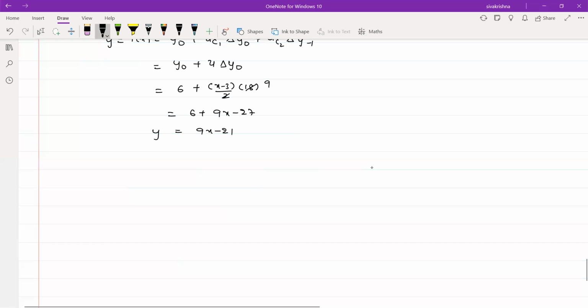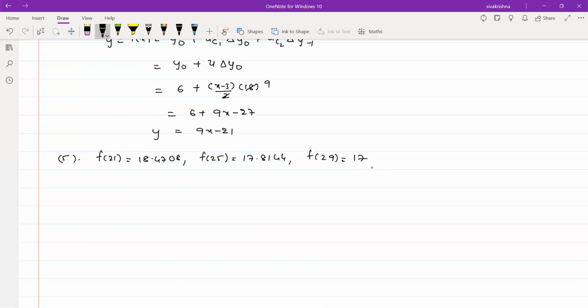So I am giving you a problem to solve. f of 21 is equal to 18.4708, f of 25 is equal to 17.8144, f of 29 is equal to 17.1070, f of 33 is equal to 16.3450, and f of 37 is equal to 15.5154.